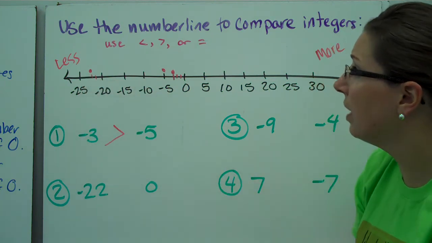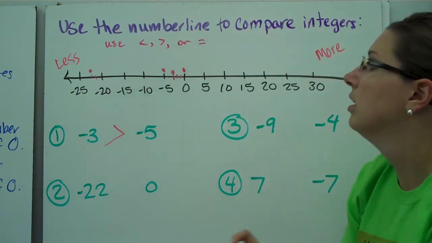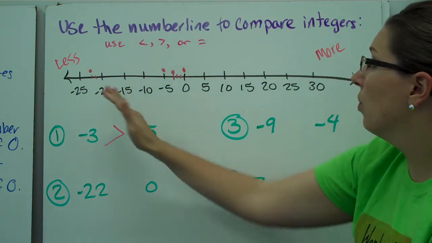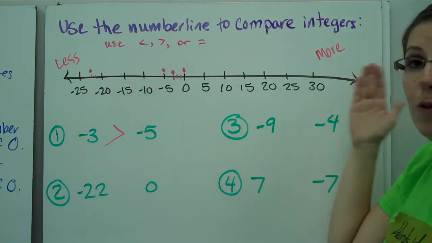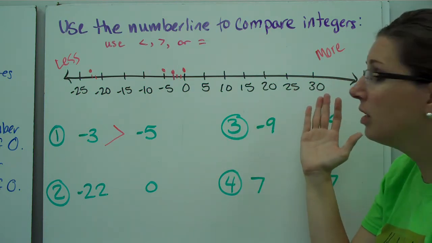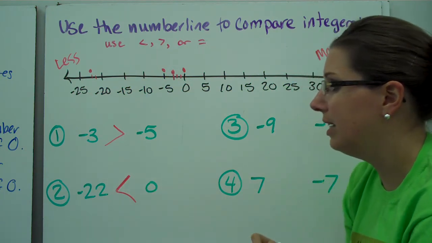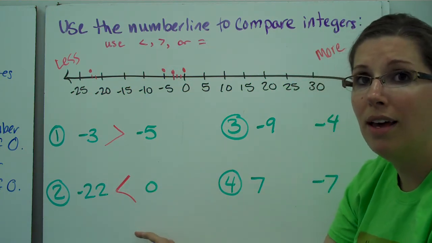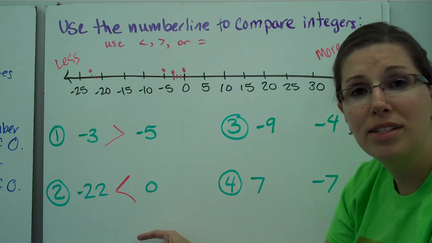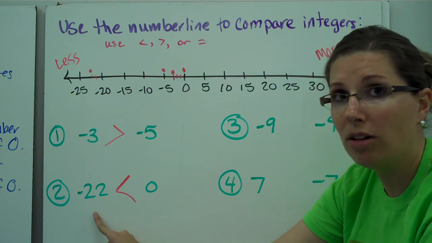I put a dot, and then I have the number 0. Well, the number 0 is right here. Whichever number is further to the right side on my number line, that's worth more. So -22 is less than 0. And when I'm writing my less than and greater than symbols, the small point points to the smaller number.